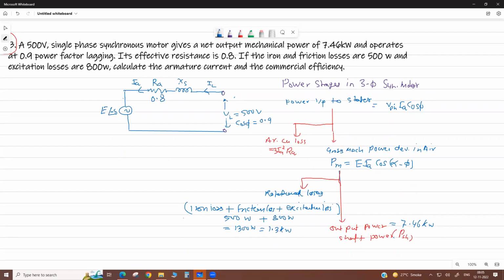So now 7.46 plus 1.3 kilowatt gives the gross mechanical power developed.